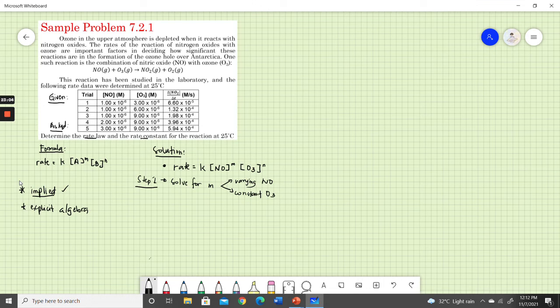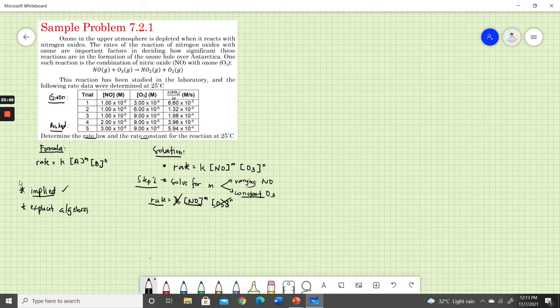Let's write our rate equals K NO to the M times O3 to the N. Since ang O3 mo is constant and ang K mo is constant, ang nagbabago lang is NO, tama? Because this is varying. So ang mga nagbabago lang dito is yung rate and yung NO mo. What that means is you can remove na yung K and yung O3, which will give you the relationship between the rate and your NO.